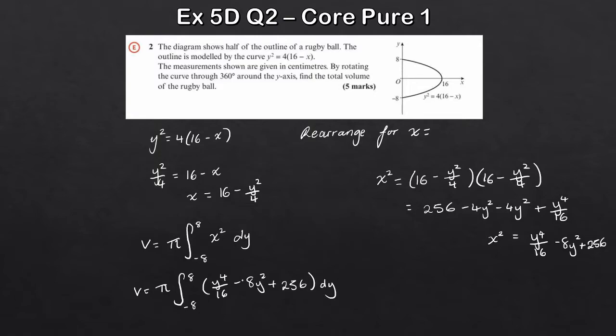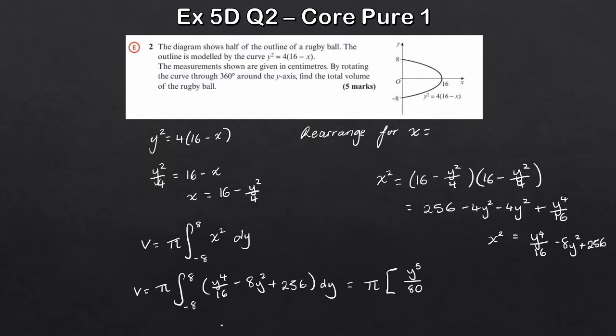So now let's just integrate this. So this is going to be equal now to pi lots. Add 1 to the power, divide by the new power. So y to the 4 will give me y to the 5. And then you're going to add to this denominator, you're going to times it by 5 because we're dividing by 5. So that'd be 16 times 5, so that'd be 80.